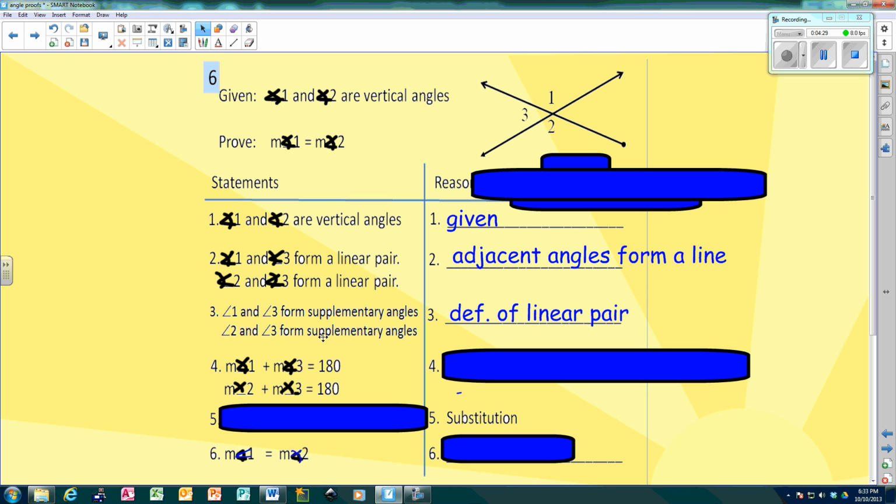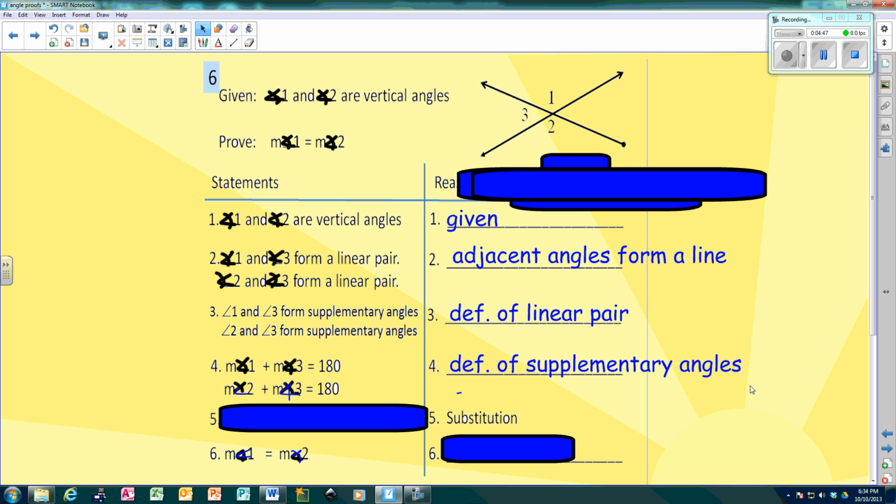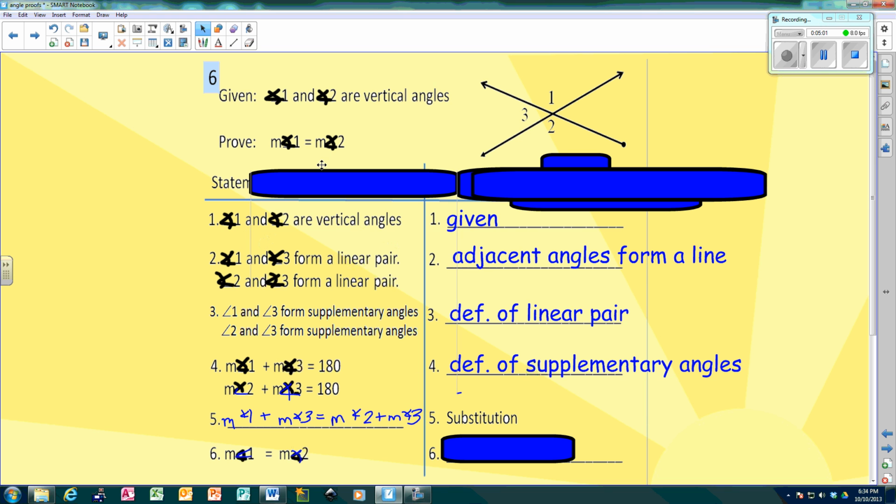Okay, so if angle 1 and angle 3 form supplementary angles, then I know angle 1 plus angle 3 equals 180. Just like I know that angle 2 plus angle 3 make 180. And I can state this safely because that's the definition of supplementary angles. Well, if angle 1 plus angle 3 is 180, and angle 2 plus angle 3 is 180, if they're both equal to 180, then aren't they equal to each other?